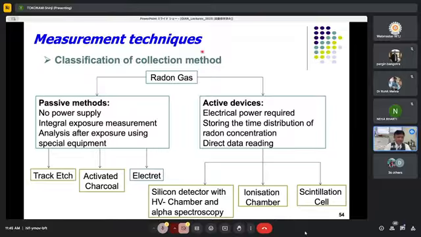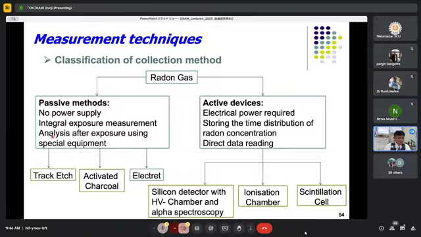Here's the classification of collection method. Collection method of radon gas is classified into two methods. One is passive method. No power supply, integral exposure experiment. This technique is suitable for integral exposure measurement.